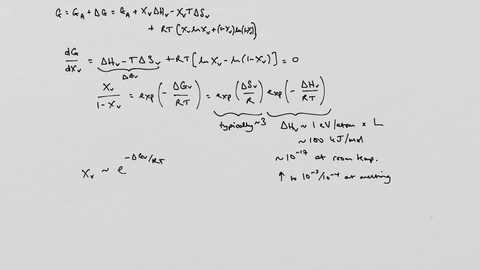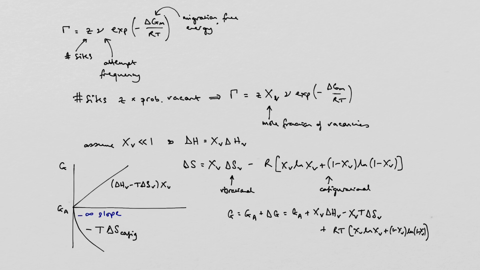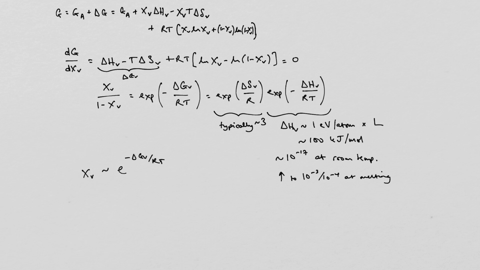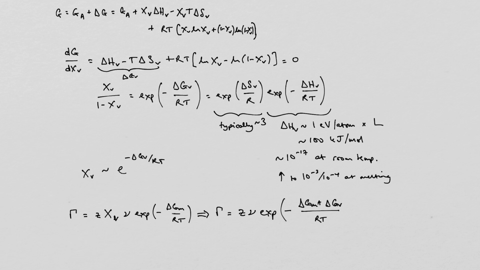Okay. Now, let's go back to here. Pop that in there. So gamma is now z times nu times the exponential of delta G migration plus delta G vacancy over RT.